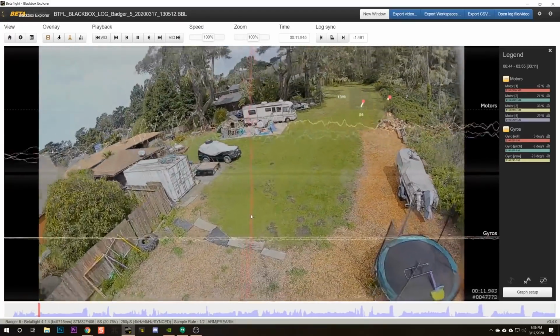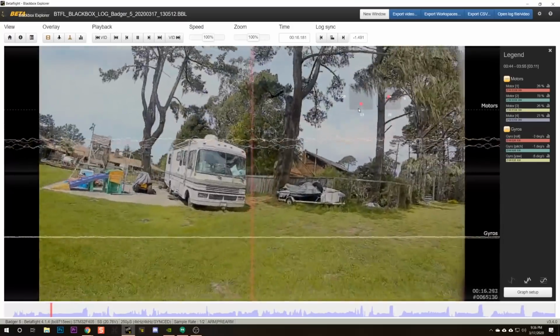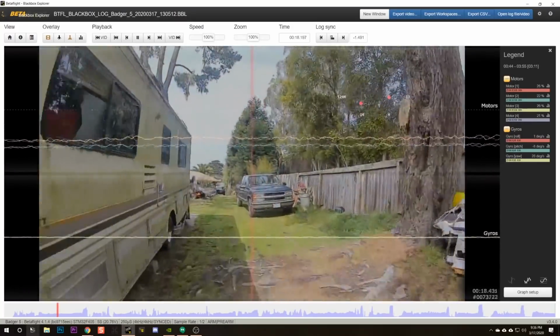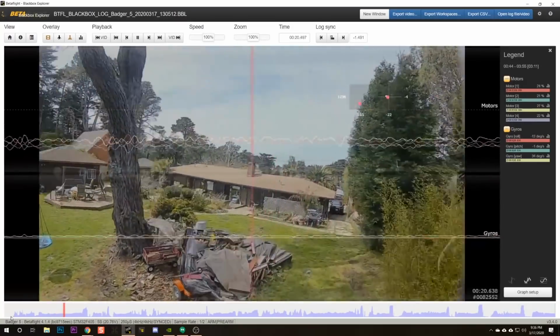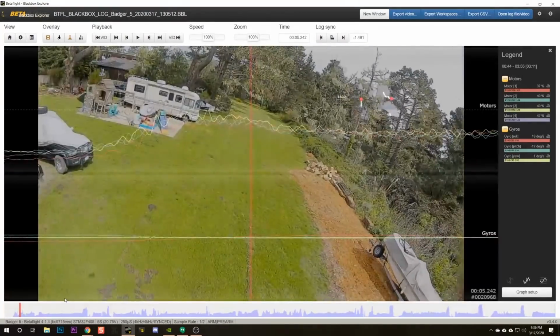I'm so confused because I can just see from the stick inputs that it appears that he is doing this. Is this a bad yaw gimbal?